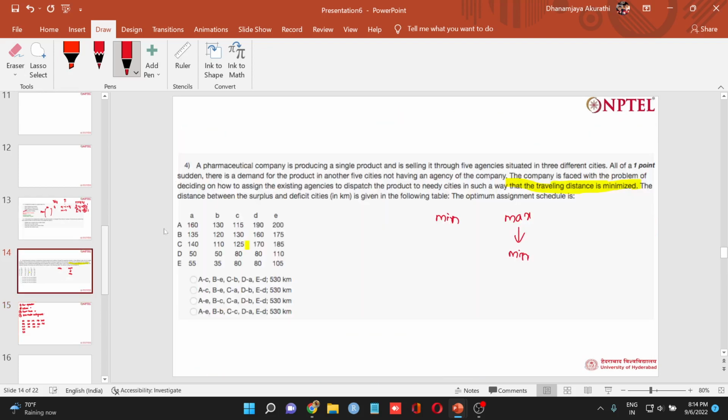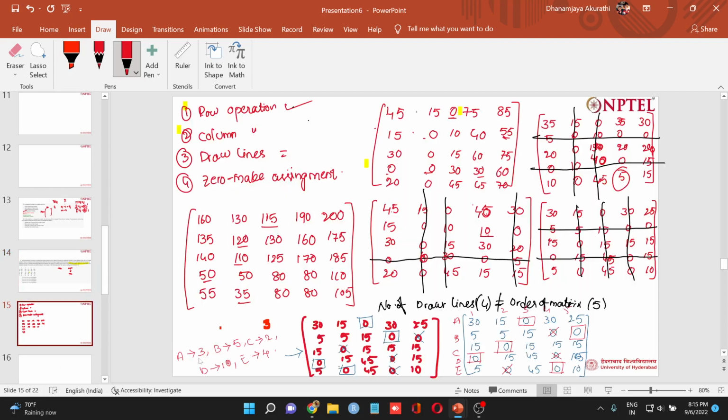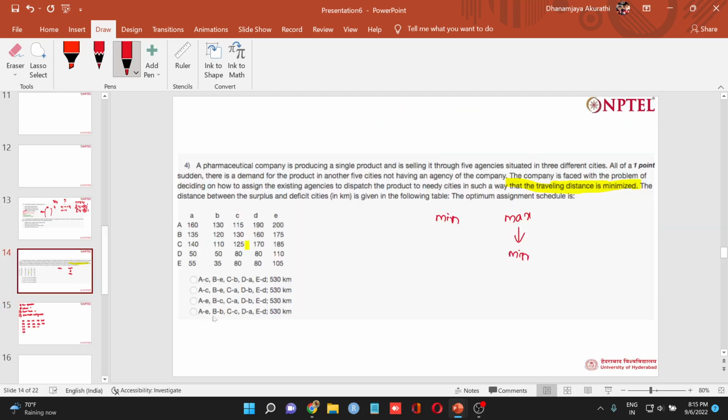Our current question is here. These are A, B, C, D. So just find it out. A is 3 means A, B, C. A, C, B, E, C, B. I think the first one is correct.